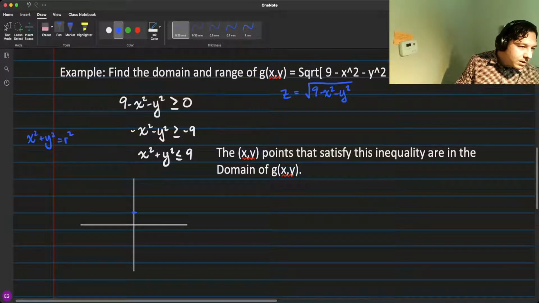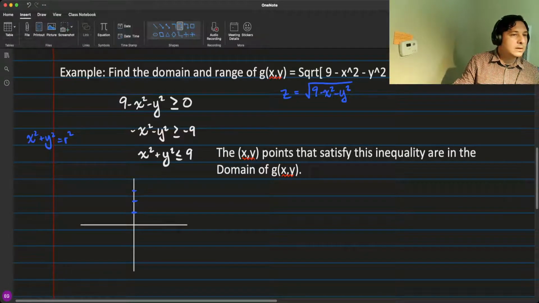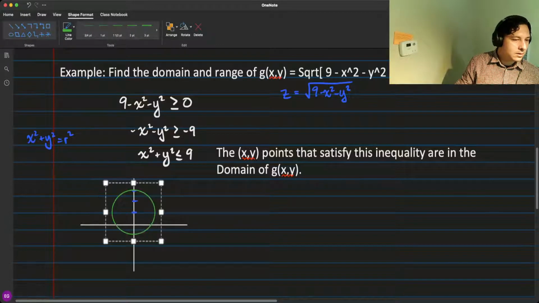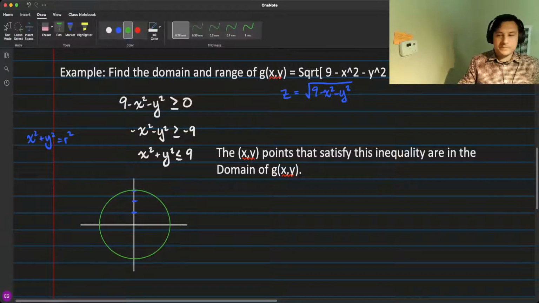So 1, 2, 3. Let's insert a circle. There we go. So there's my circle of radius 3.